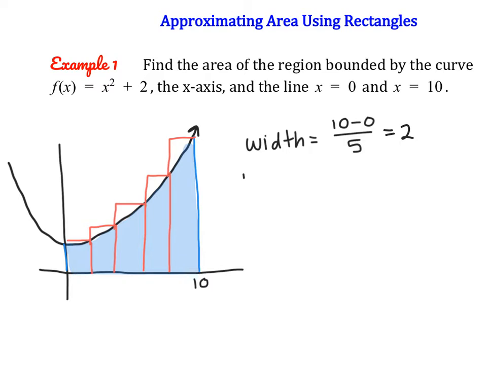Now I can find the height of each rectangle by evaluating my function f of x at each x value here. I'm going to evaluate my function at 2, 4, 6, 8, and 10 because that is the height of each of these rectangles. So height is just going to be f of x for these 5 x values.